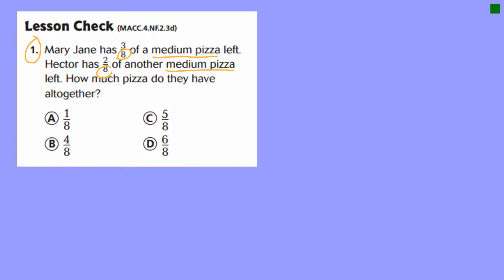We can add them together by just adding the numerators because the pizzas were exactly the same size. So Mary Jane's pizza was medium, Hector's pizza was medium. If one was medium and one was extra large, the pieces would be totally different, right?